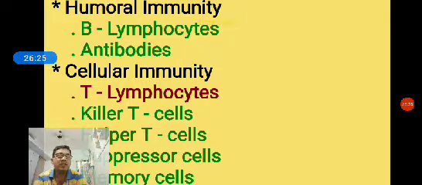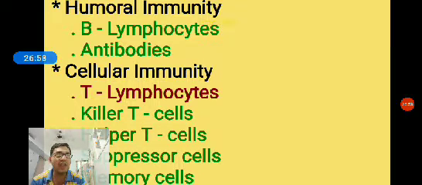There are about thousands of different types of T lymphocyte cells. T lymphocyte cells are able to produce a response against the specific antigen. When the antigen enters the body, the T lymphocytes are able to produce a number of different types of T lymphocyte cells.